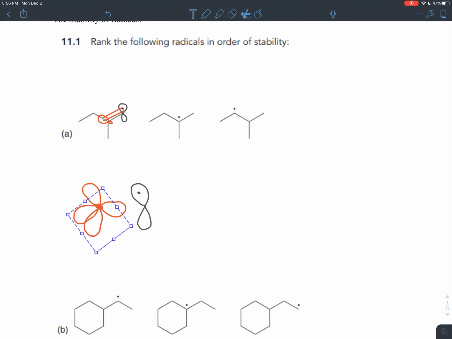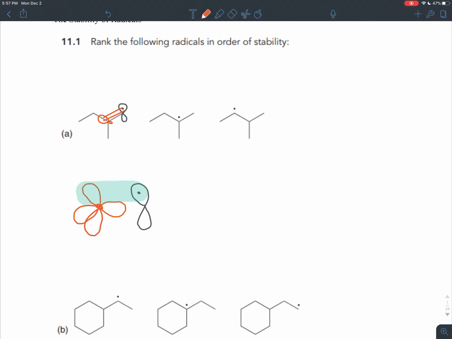It's ever so slightly difficult to visualize in 2D, but you'd have one sp3 orbital going horizontal, one coming out at you, one going away from you, and another one going up and to the left. Now these 3 don't really overlap with the p orbital at all, but the one that goes up ever so slightly overlaps with one of the lobes of the p orbital that the radical is in.